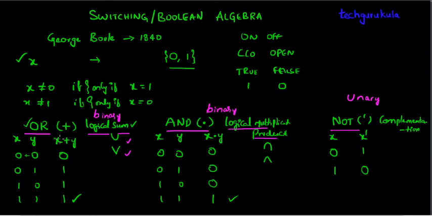In the coming videos, we will see basic properties derived from these fundamental postulates. Before leaving, this tick symbol can also be represented by a bar. Instead of writing x tick, you can write x bar. So we can write it like that also.